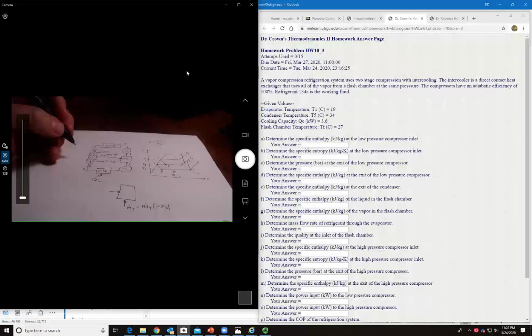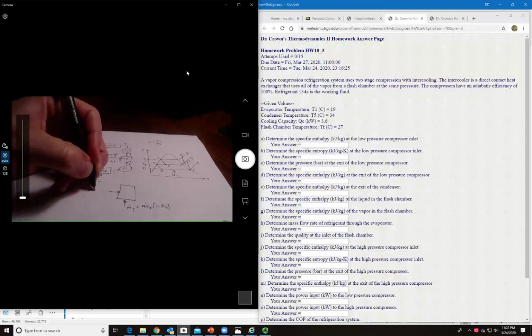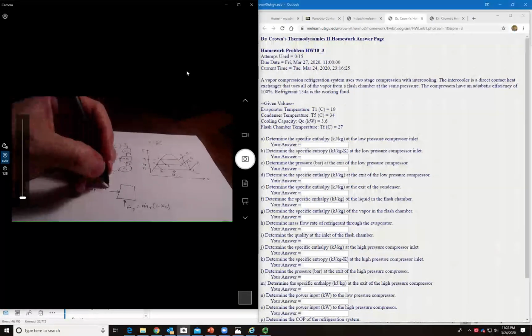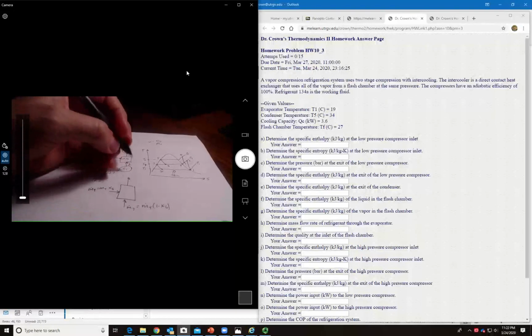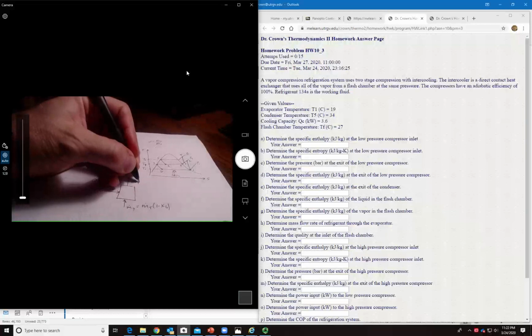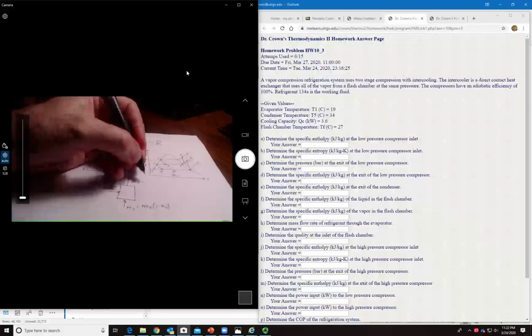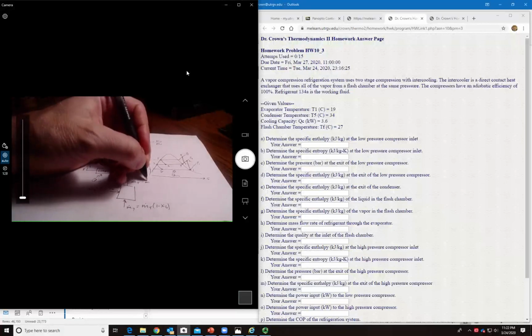Here we have m dot 9, which is equal to m dot total times x6. And coming out, we have m dot total. It's the same as what we're calling m dot 3.